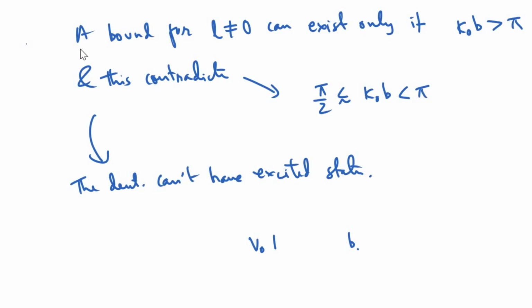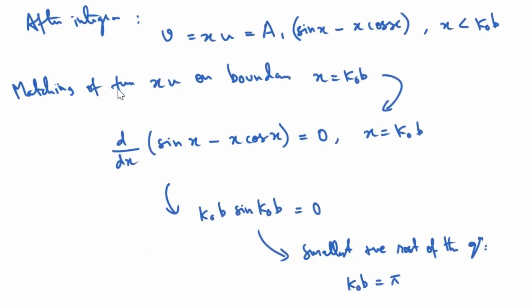What I am saying is the following: k0b into sin k0b equal to 0, and from here the smallest positive root is k0b equal to pi.